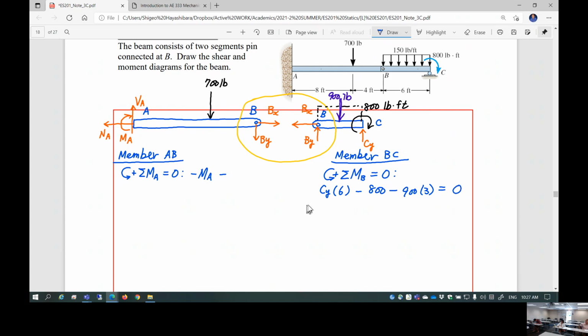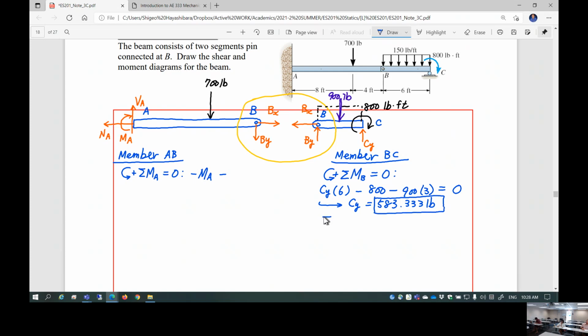This is equal to 0. So this is going to give you Cy, support reactions. Cy is, looks like 583.333 pounds. Like that.